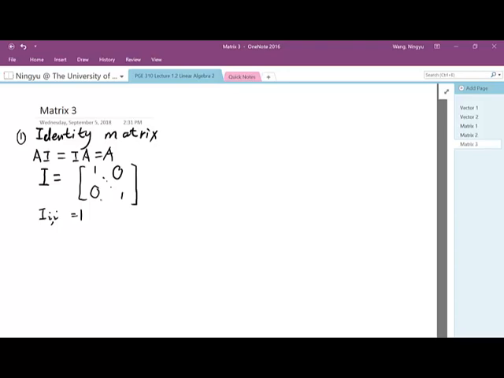Sometimes it's also called the unit matrix. They're the same. We call it the unit matrix because if you multiply 1 to any number, you get that number. If you multiply I to any matrix, you get that matrix. That's why we also call it the unit matrix. And then, if the elements on the major diagonal are not 1, it is still a diagonal matrix.